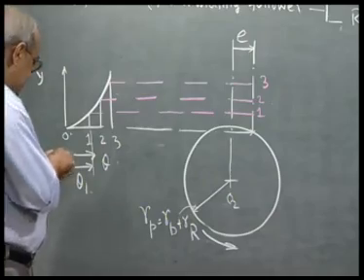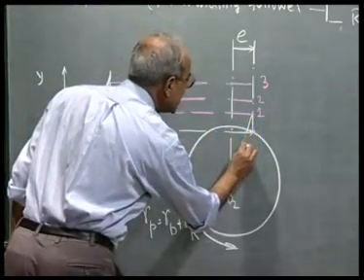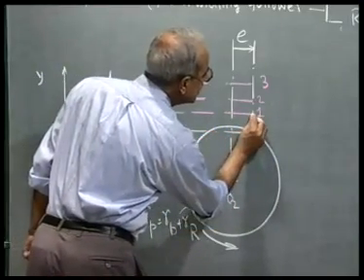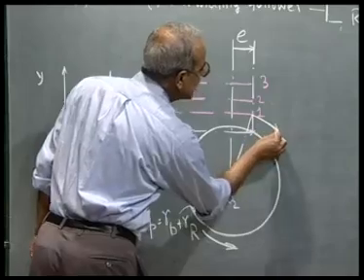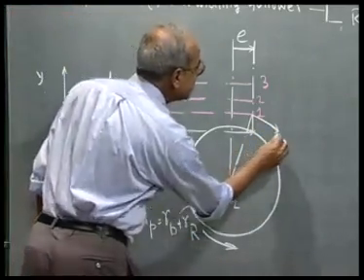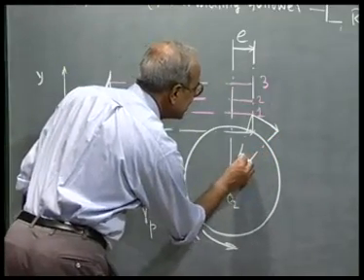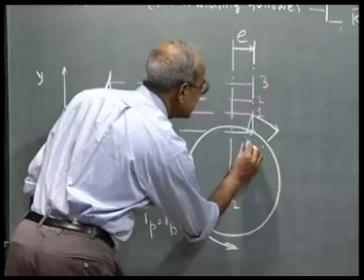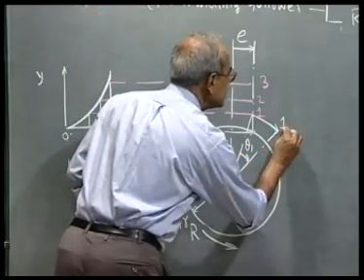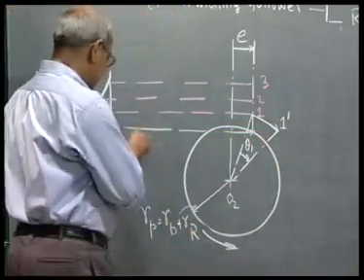So I get the inverted position of this trace point corresponding to 1 by rotating O2A1 through an angle theta 1, but in the clockwise direction. So if I rotate this by theta 1, this I call the inverted position of station point 1, which is 1 prime.